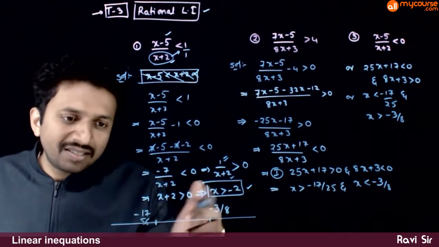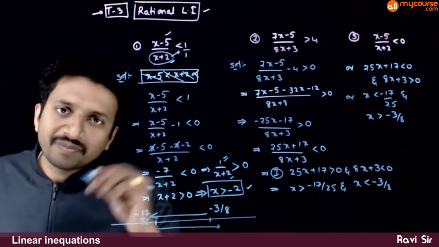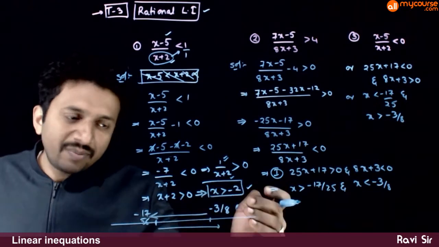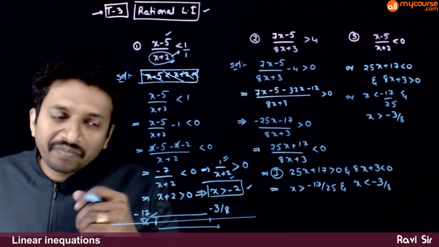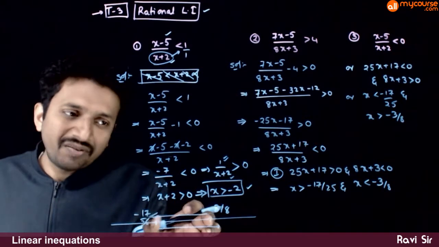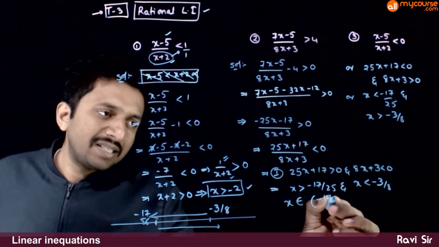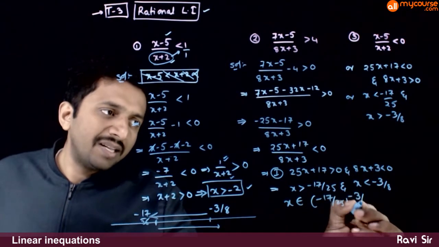The first solution says that x is greater than minus 17 by 25 and less than minus 3 by 8. So what is the simultaneous solution? It's in between minus 17 by 25 and minus 3 by 8. So x belongs to the interval from minus 17 by 25 to minus 3 by 8.